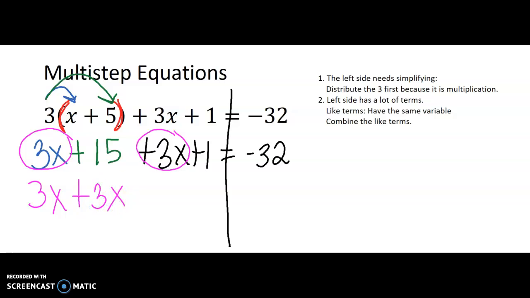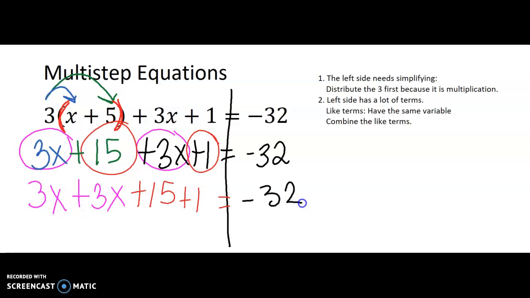Then we also have 15 and 1. So notice that I'm just rewriting it to show that I don't need to change the sign at all because they're on the same side. So make note of that because a lot of students mess this up. So I'm putting little 4 stars right there to make note of it.